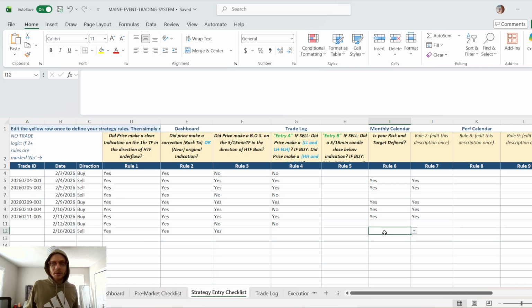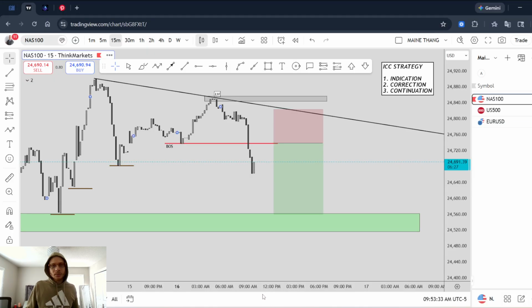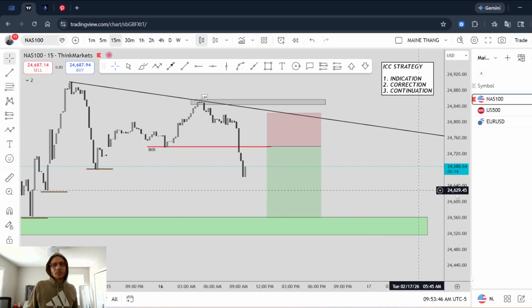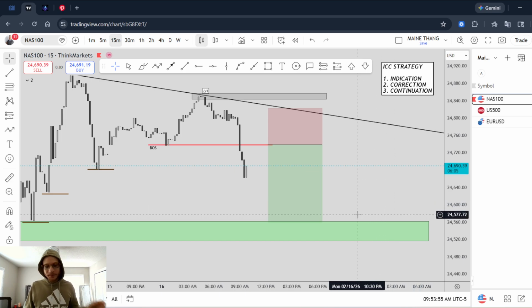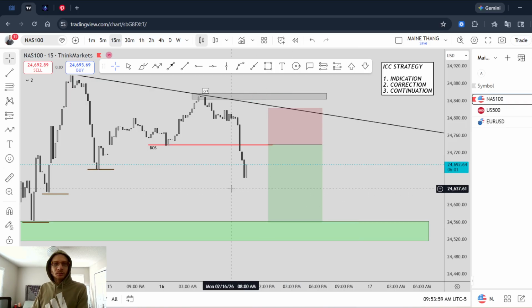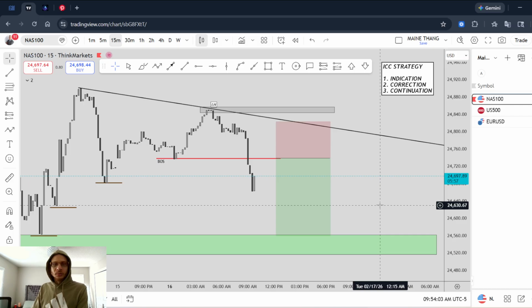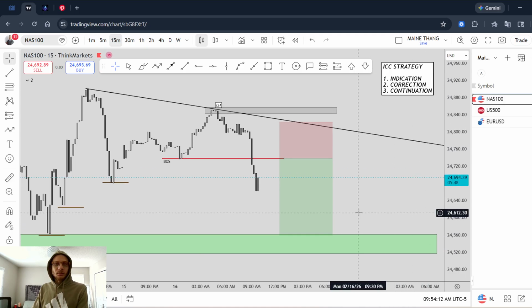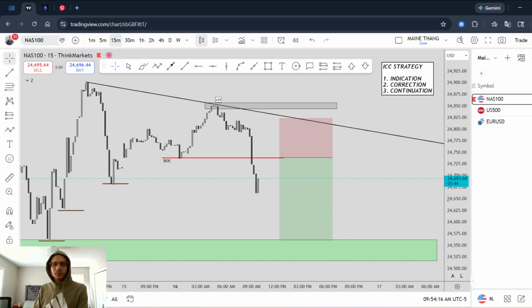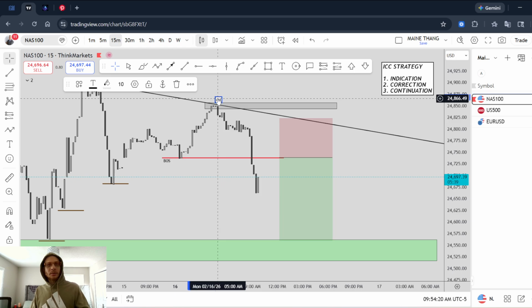Now all we're seeing is our risk defined, and we enter when we feel comfortable entering. When that candle closes, we'll have a lower low.